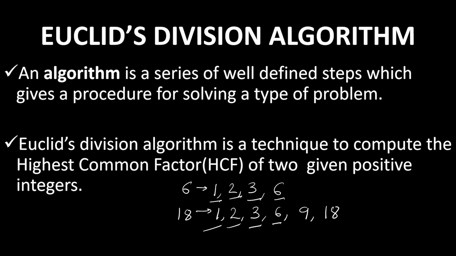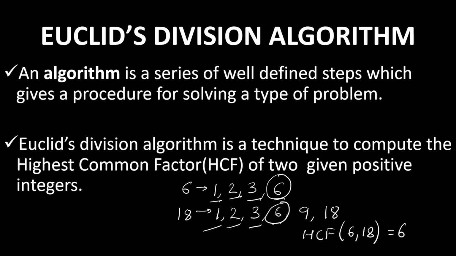These are the common factors of 6 and 18. But among them, what is the highest common factor? 6. So 6 is the highest common factor of 6 and 18. We can write HCF of 6 and 18 equals 6.